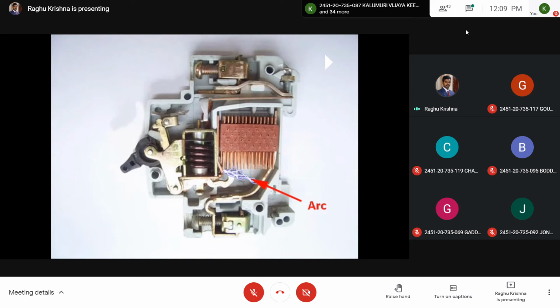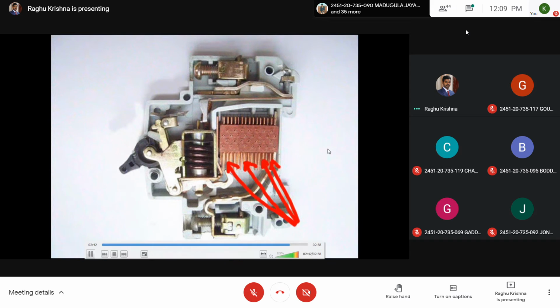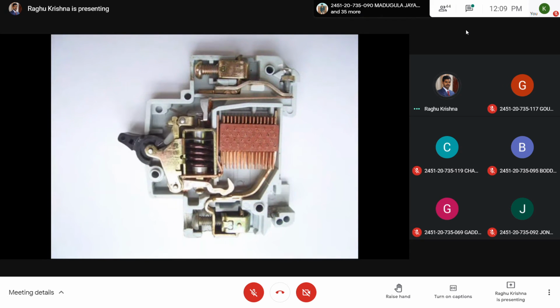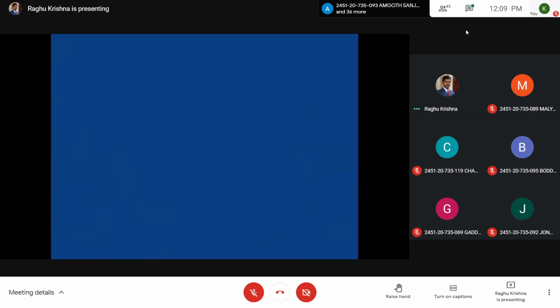There may be a high chance of arc, and this arc goes up to the arc runner and enters into the arc splitters and is finally quenched. When we switch on an MCB, we actually reset the displaced operating latch to its previous on position. Thank you.